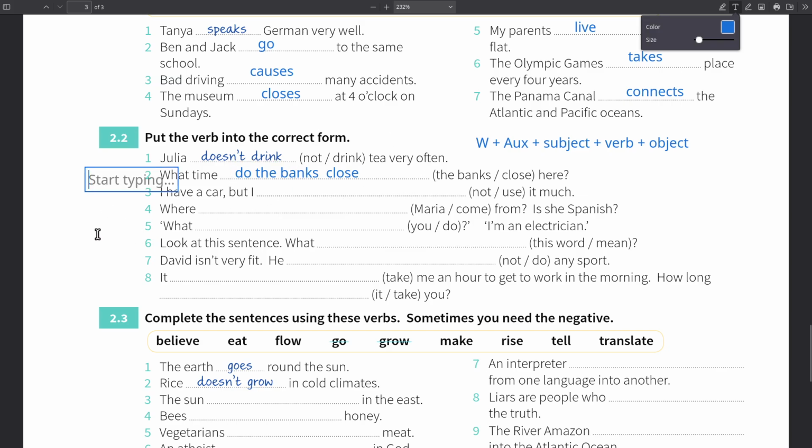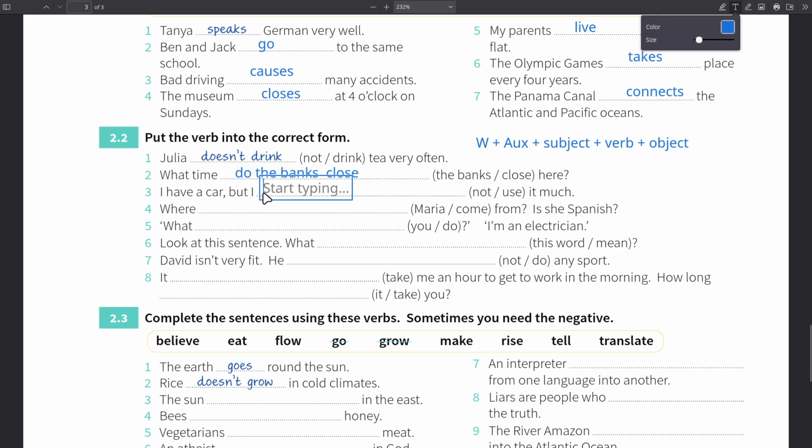The next one. I have a car, but I... And we see where our verb is used, and it's a negative sentence. So, because it's a negative sentence, we have to use a negative auxiliary. But first of all, let's identify our subject. In this case, it's I, so we are talking about the first person. You're going to use "do not" or "don't".